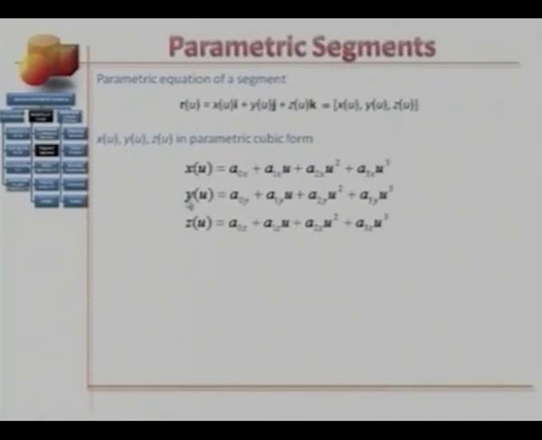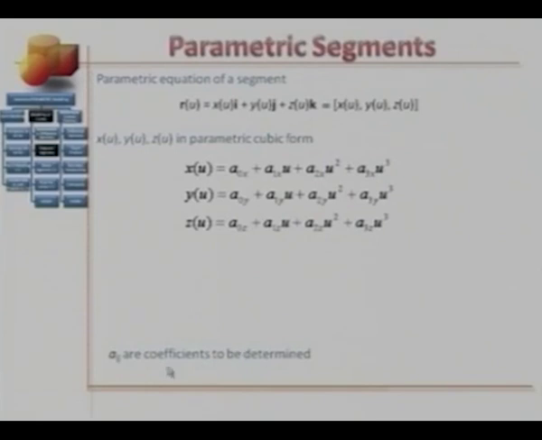Likewise, y of u and z of u, the two other scalar functions, can be modeled in a similar manner. Once again, coefficients a0y, a1y, a2y, a3y, and a0z, a1z, a2z, and a3z are unknown coefficients.